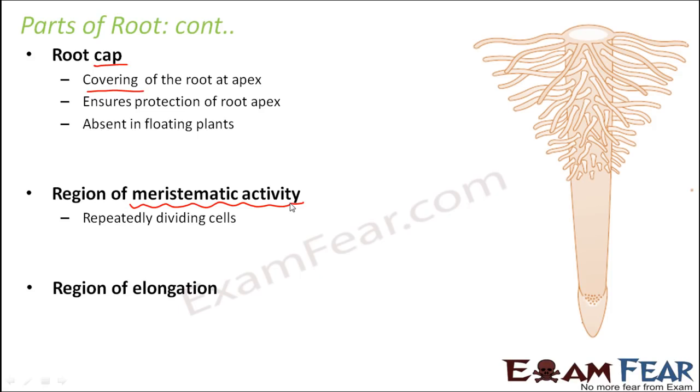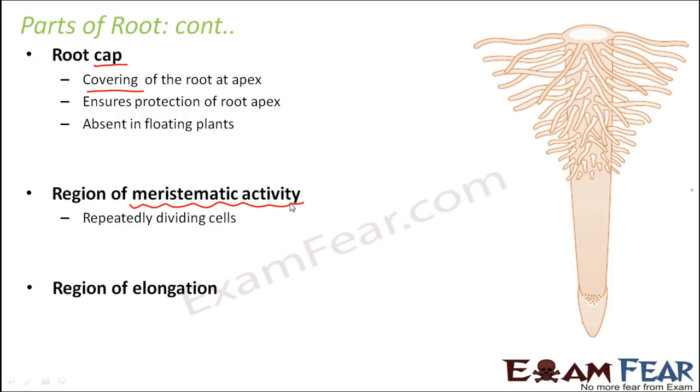So this meristematic activity region is that region where cell division takes place. By dividing and producing new cells, it adds to the longitudinal growth of the root. When more and more cells are produced, it contributes to the growth of the root, so there will be lengthwise growth of the root.